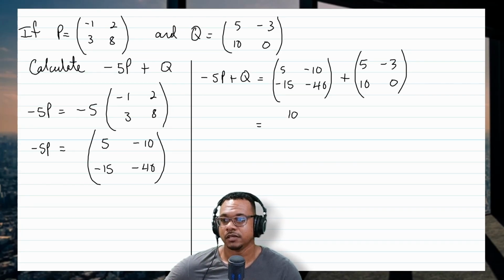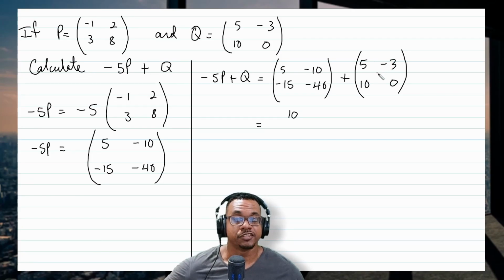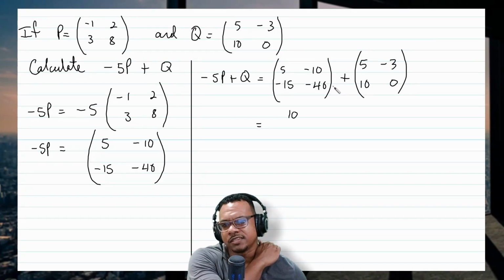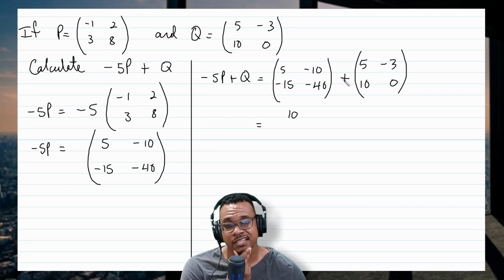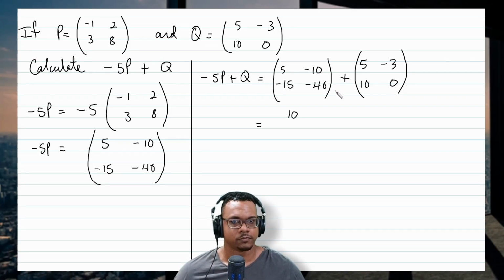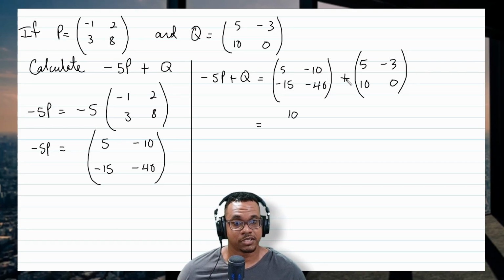Then you have -10 plus -3. Now I know this one can be tricky, so I tell students, when you add signs together like that, if you know you're not good at directed numbers, write it out. So I could say, okay, the positive sign will have to multiply with the negative sign and get a negative sign.